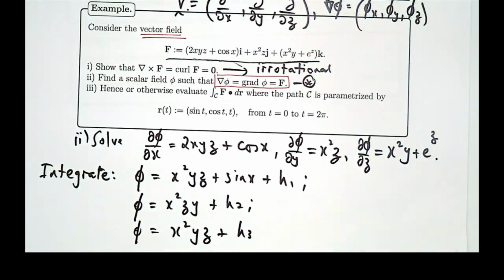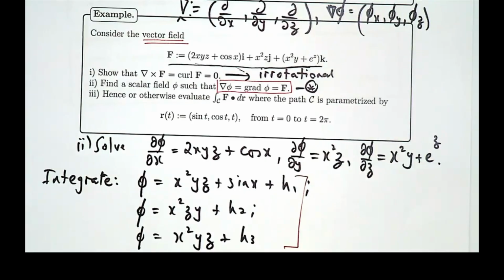So you can see we've got three expressions, and they're not necessarily the same. But are parts of them the same? The x squared yz is there in all of them, yeah?